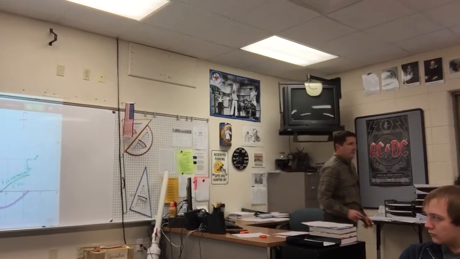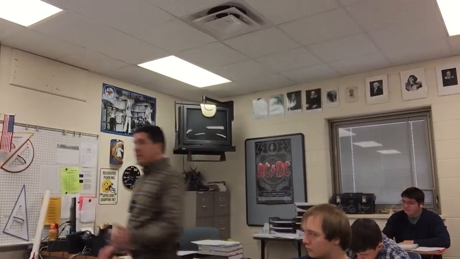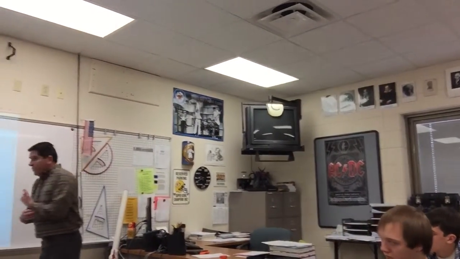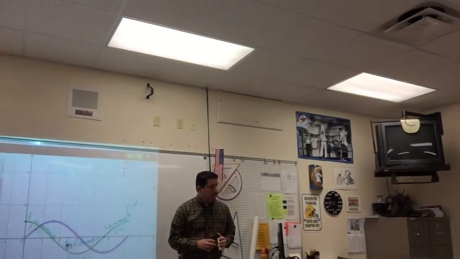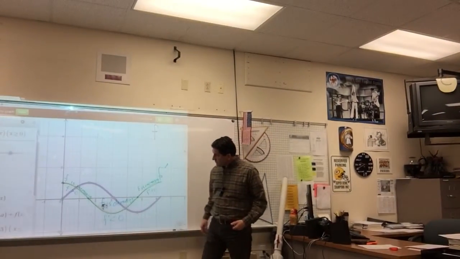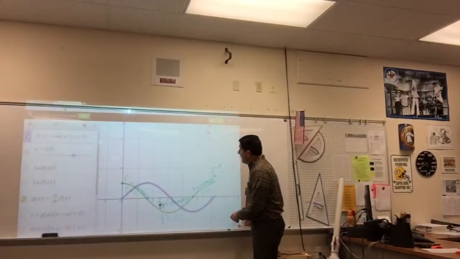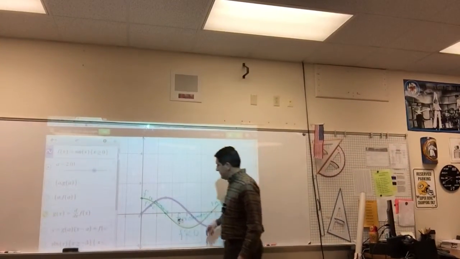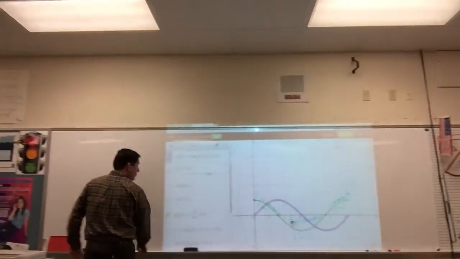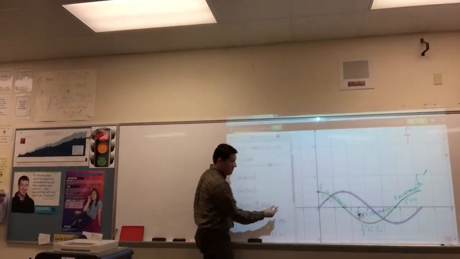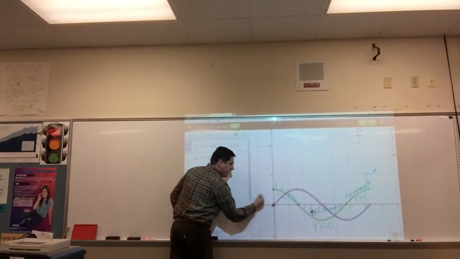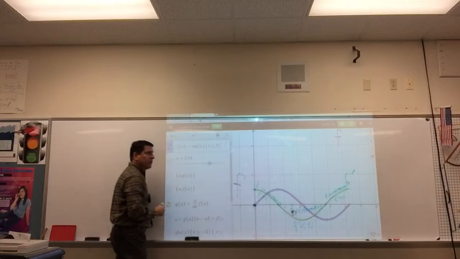Now, this is important that you really take a close look at this, because we spend a lot of time analyzing the graphs. Look at the red graph, okay, which is really the one that's in purple here. This is the graph of f. So f is in purple.